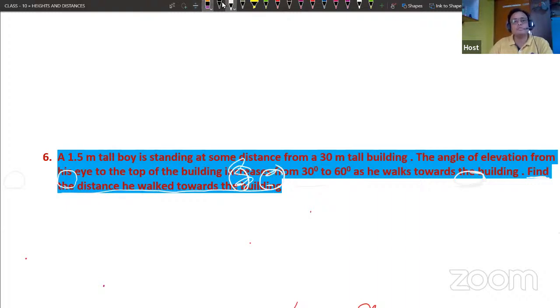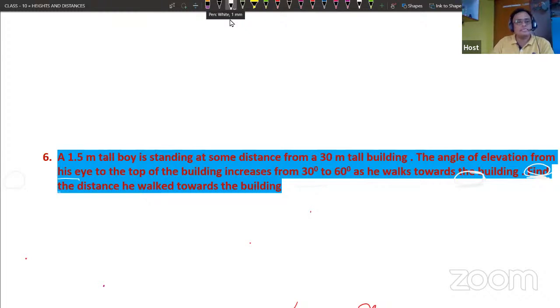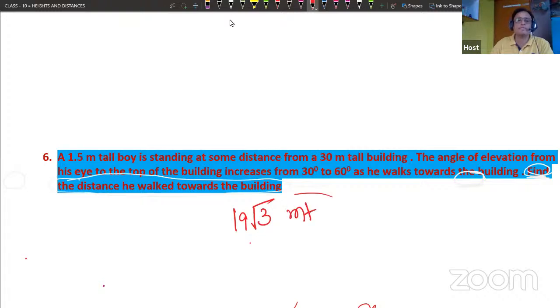So how much distance has he walked towards the building? The distance walked towards the building is 19√3 meters.